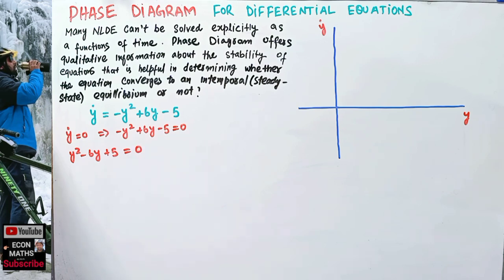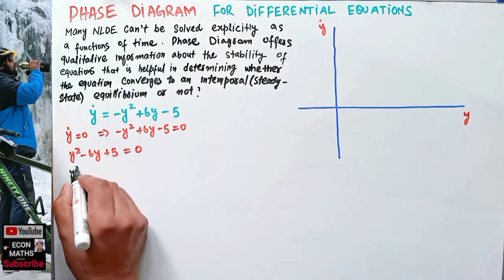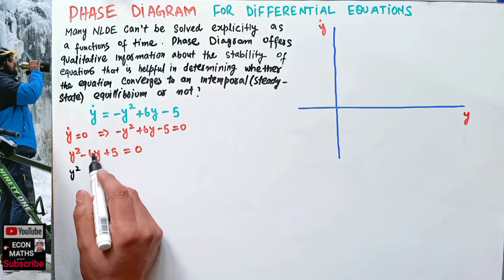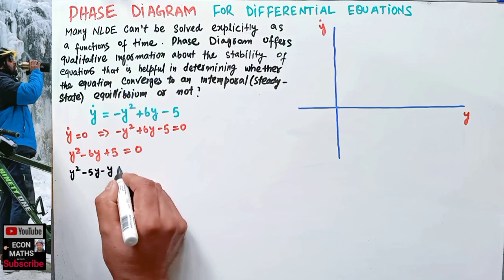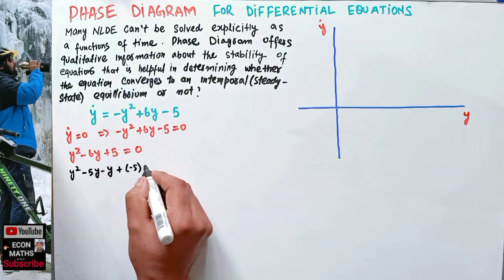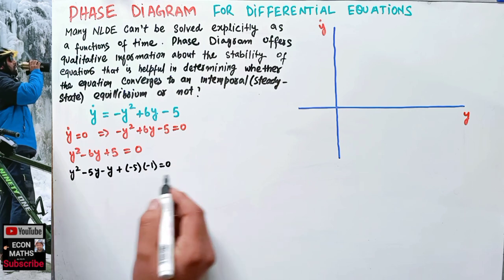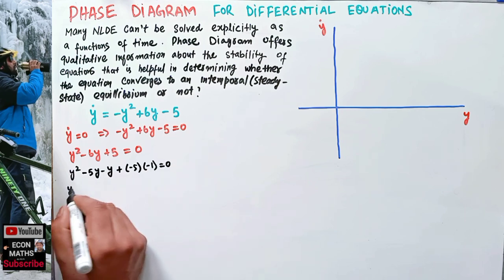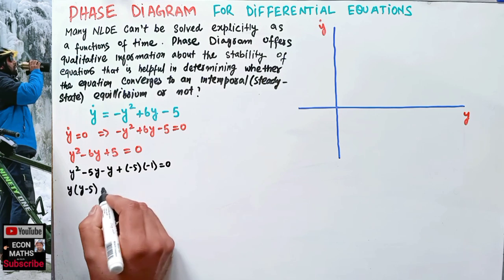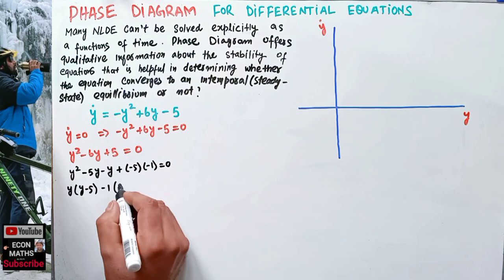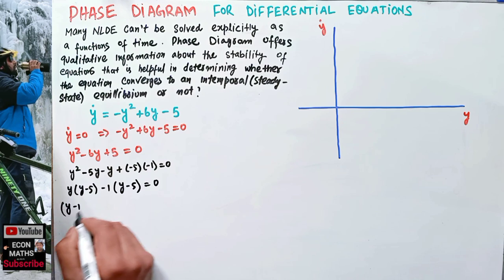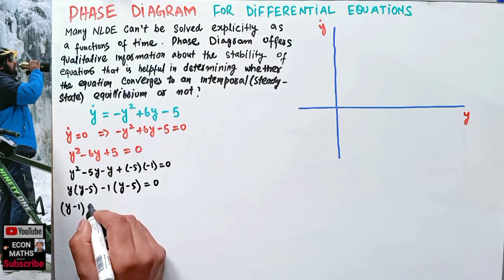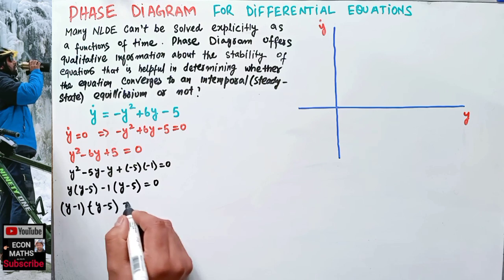Let's factorize this. I can write it in this fashion: the sum of the two numbers should be equal to the middle term, so we can write y square minus 5y minus y plus 5, since 5 is minus 5 into minus 1, equal to 0. Factoring the first two terms, y minus 5 with y taken common, and taking minus 1 common from the last two, we are left with y minus 5. So we get y minus 1 and y minus 5 equal to 0.